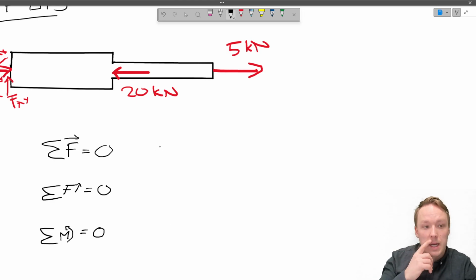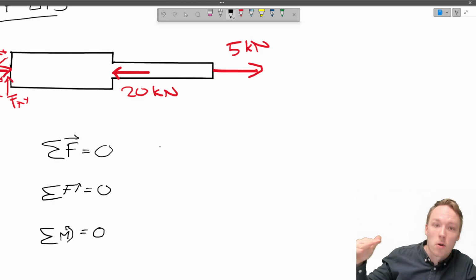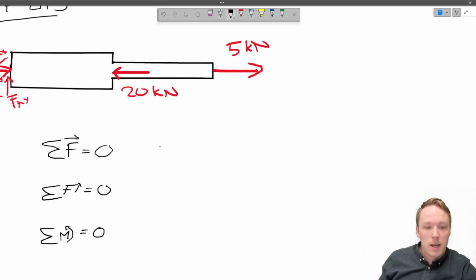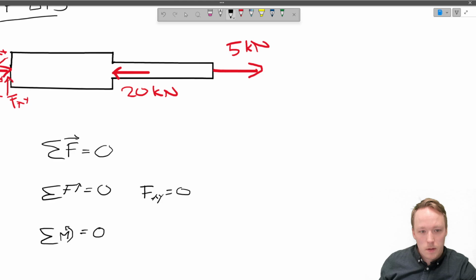Well, in this case, we basically only have horizontal forces, and hence these two equations are basically not necessary, but we can write here that F_AY equals 0 and M_A also equals 0.